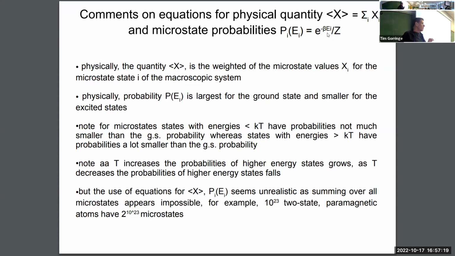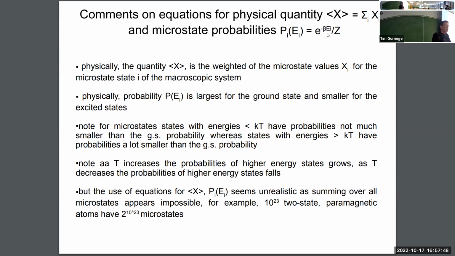So one thing that the Boltzmann formula is doing is weighting different states based on their energy and based on that comparison to kT. Another thing that happens is that supposing you were to adjust the temperature, you would change the temperature. So if you increase the temperature, you're going to weight more and more those higher energy states.